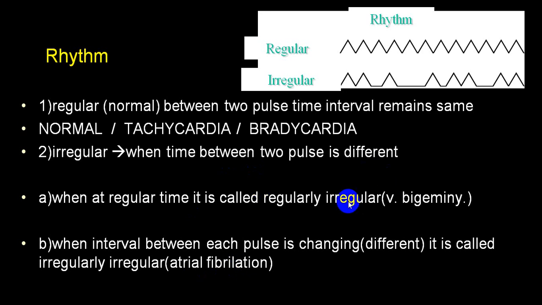Now, if it is at a regular interval, say every third beat is missing, very frequently it is a case of ventricular bigeminy or ventricular trigeminy or quadrigeminy. In bigeminy, alternate beats are missing. In trigeminy, after two pulses, the third pulse is missing. In quadrigeminy, every fourth pulse is missing. Penta, fifth, hexa, sixth, that way.